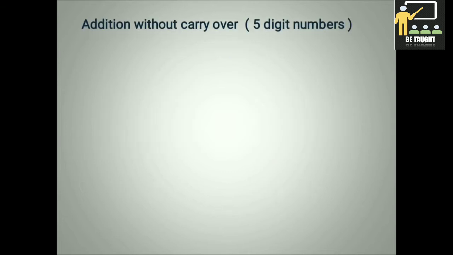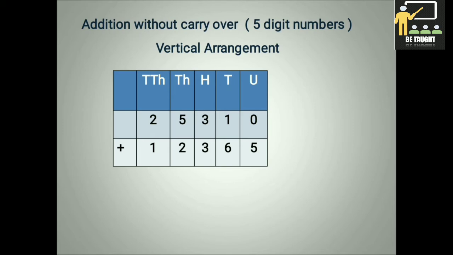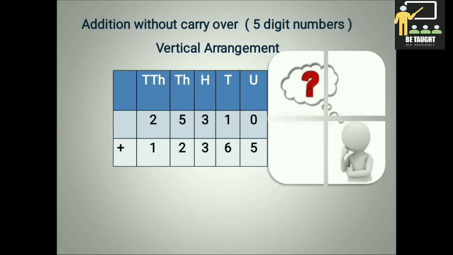Addition without carry over of 5-digit numbers in the vertical arrangement. 25,310 plus 12,365 is equal to how much? So again we start from the units place. 0 plus 5 is equal to 5.